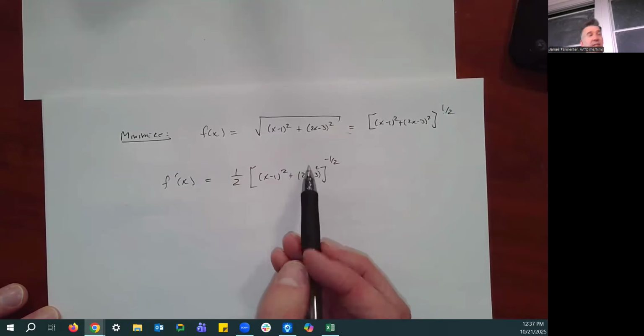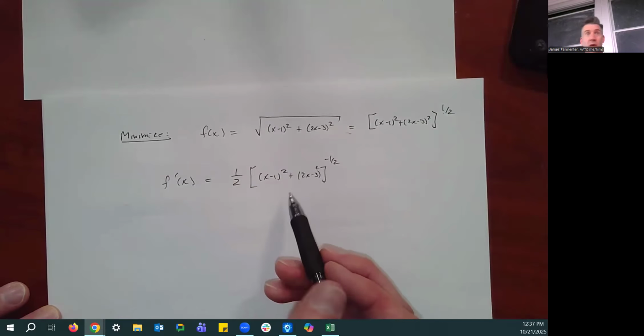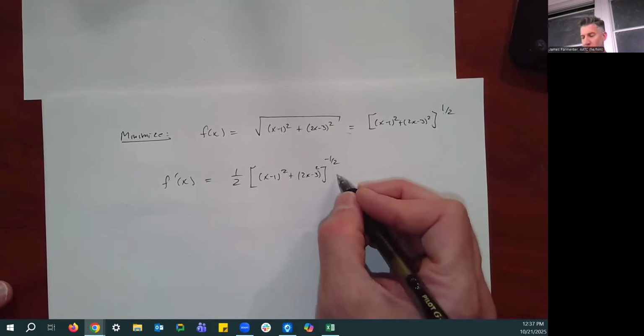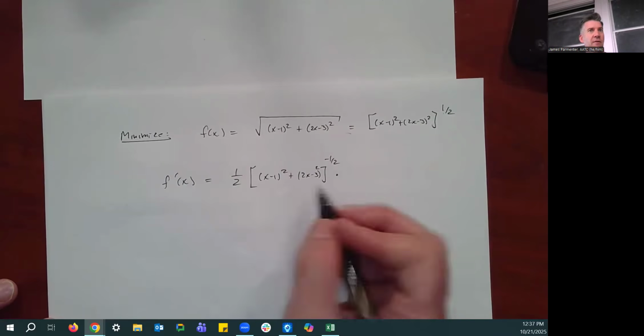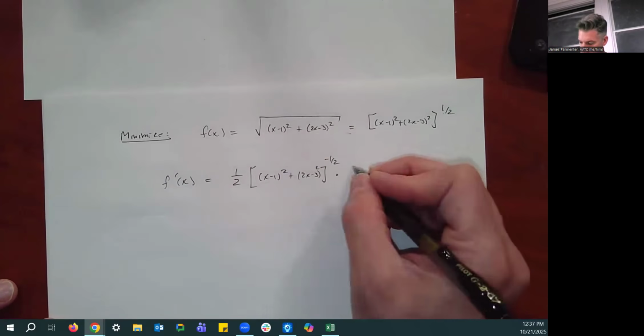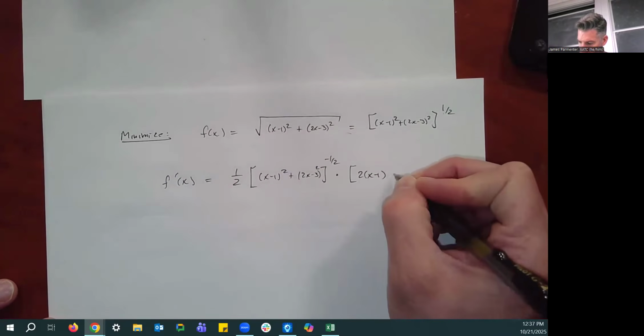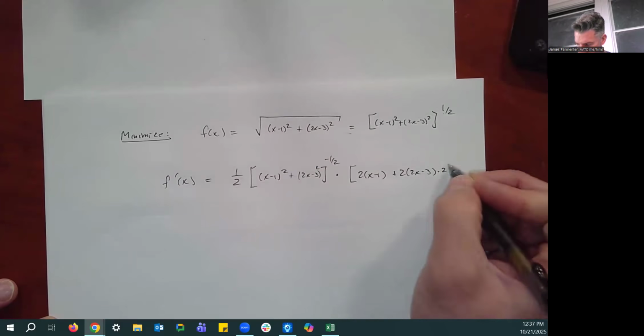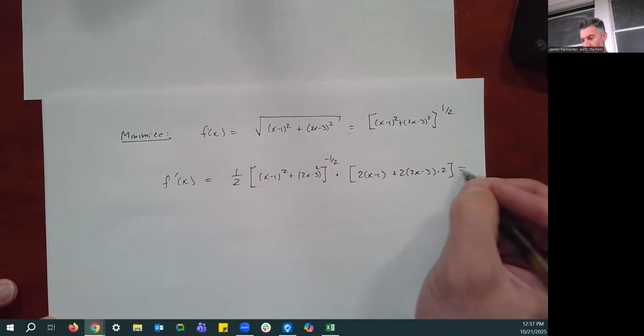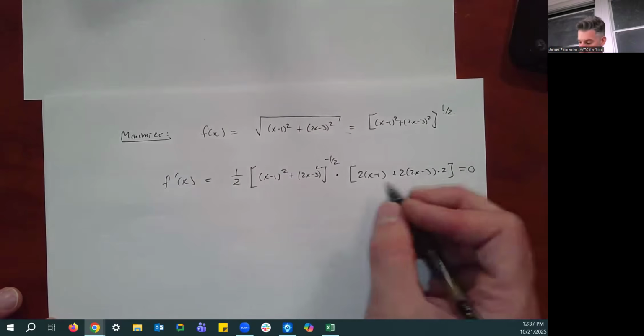But it doesn't really matter because it's a distance between 2 points, which shouldn't be zero. So we're not doing zero. And then look what we're going to multiply by. The derivative of the inside stuff. The 2 times x minus 1 plus 2 times 2x minus 3 times the derivative of the inside, which is 2.